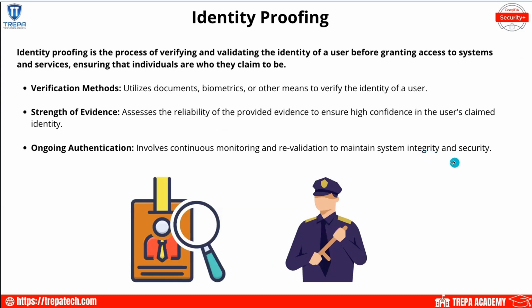Identity proofing. Identity proofing is the process of verifying and validating the identity of a user before granting access to systems and services, ensuring that individuals are who they claim to be. So this is just saying, what's our ongoing authentication? How do we do it? Are we ensuring that we have multiple different factors to make sure that identities can't be stolen?